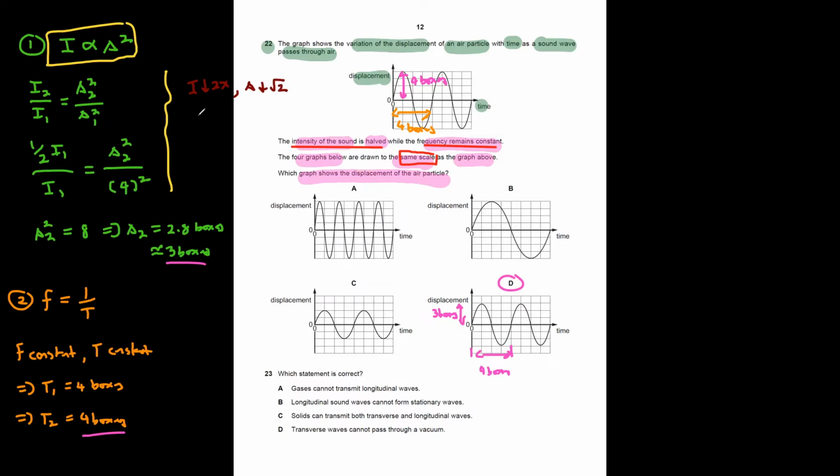So if I try to find out my new amplitude, it's actually going to be 4 boxes divided by square root 2. You should get that 2.8 also, which is going to be the same as 3 boxes. Okay, it's going to be the same. But in your current case, this one may not be the easiest one. That's why I started off with the other method just now.